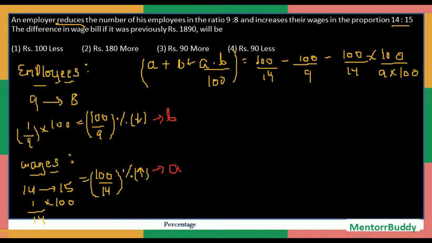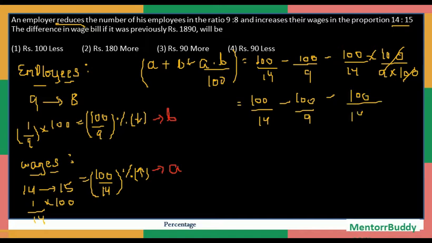Solving this, 100 will be ruled out. So this will become 100 by 14 minus 100 by 9 minus 100 upon 14 into 9.